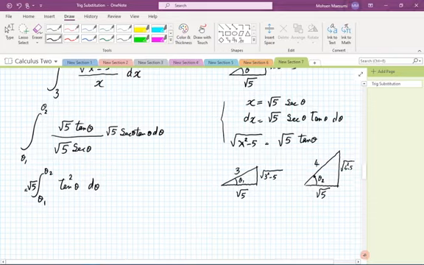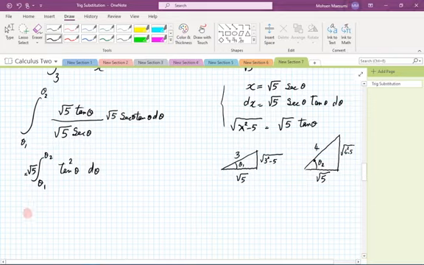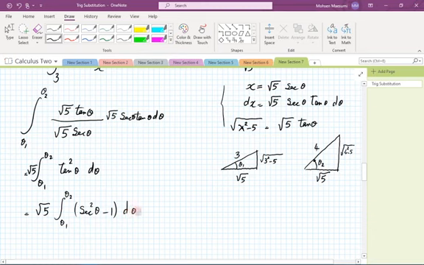Okay, we have learned in the previous section how to handle this. How do I integrate tan squared? It's actually from calculus 1. Well, the easiest thing is to write it as secant squared minus 1. Tan squared is secant squared minus 1. Why do that? Because the antiderivative of secant squared, we know what it is.